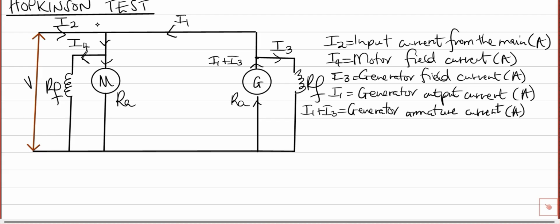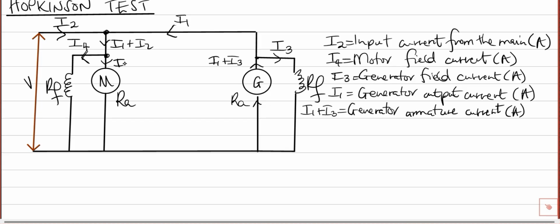At this junction, you have I2 and I1. They meet at this junction. When they meet here, they go downwards. And so they should add since they meet at this junction. So you have I1 plus I2. At this junction, you already have I4 moving away from this section here while you have this arrow moving downwards.